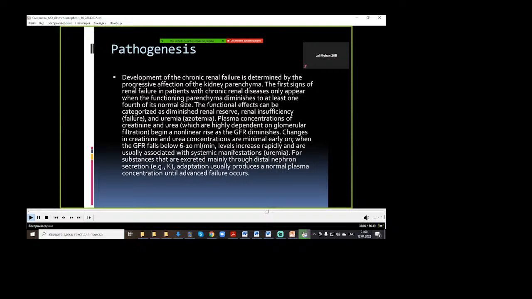Changes in creatinine and urea concentrations are minimal early on when the glomerular filtration rate falls below 610 millimeters per minute. Levels increase rapidly and are usually associated with systemic manifestations, with uremia. For substances that are excreted mainly through distal nephron secretion, for example potassium, adaptation usually produces a normal plasma concentration until advanced failure occurs.